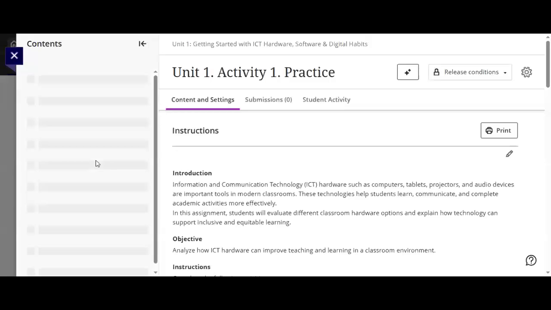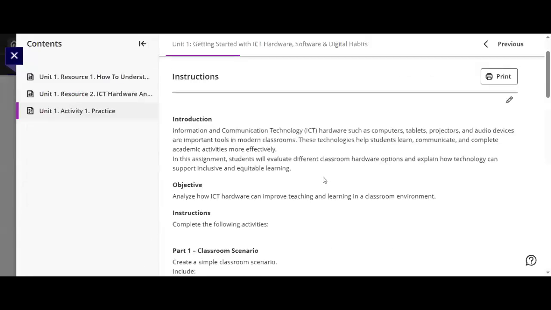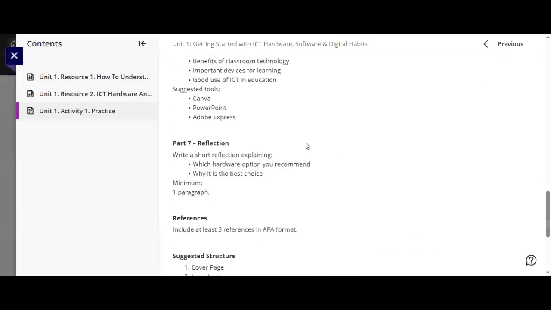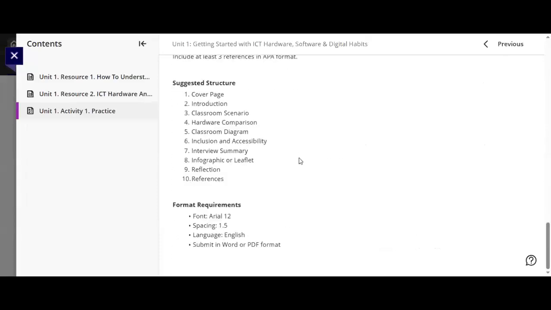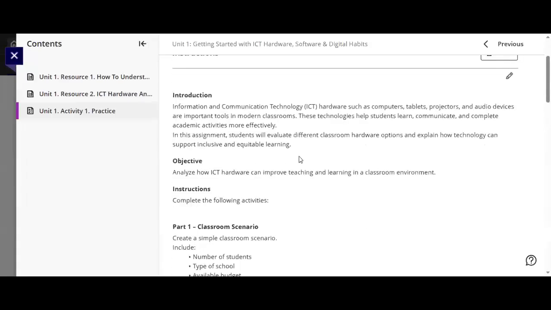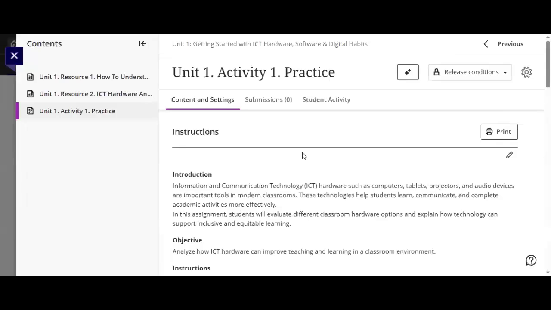Go inside the activity by clicking the respective activity, and you must read, okay, read the step by step, and you have to develop that activity in order to be practicing with the Blackboard environment.